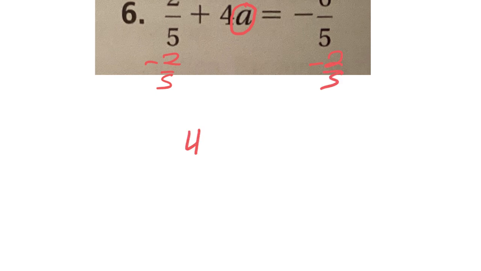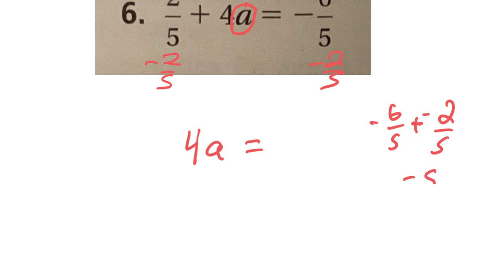When I do that, I get 4a, oops, I almost did 4x. 4a equals, I come to the side here, negative 6 over 5 minus 2 over 5, add the opposite. That gets me a negative 8 over 5, negative 8 over 5.